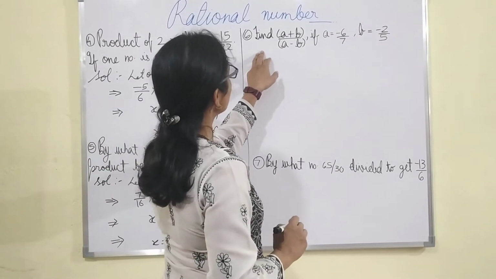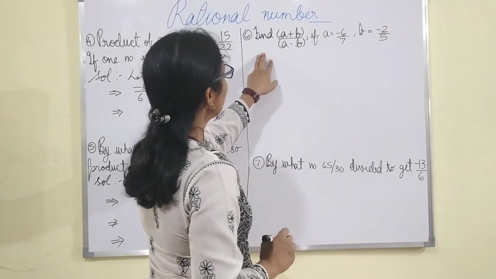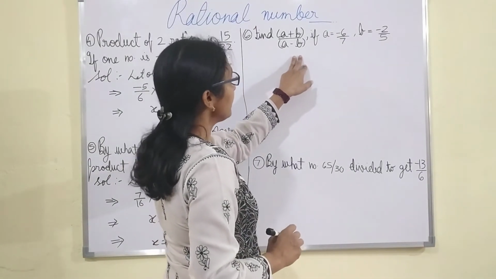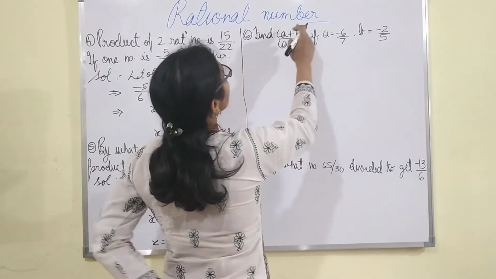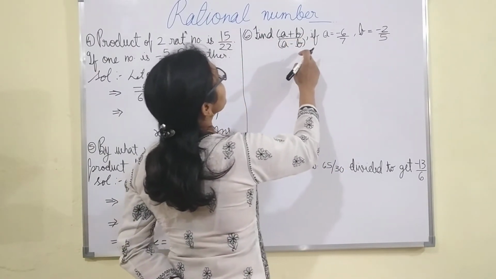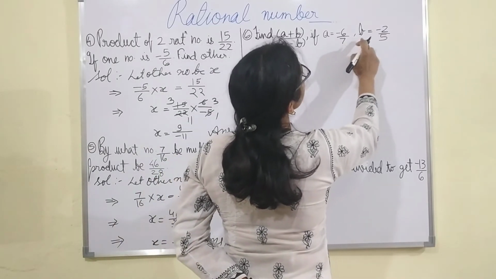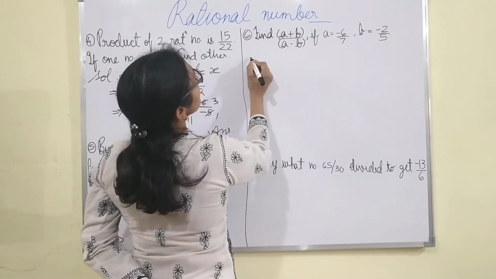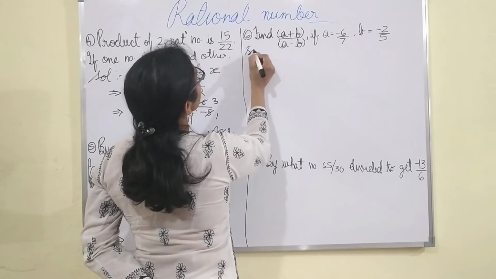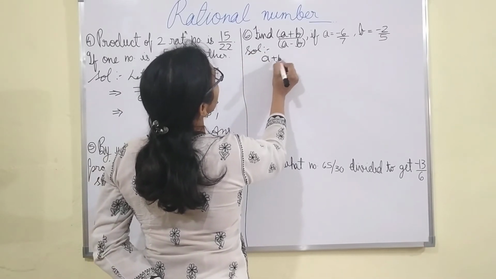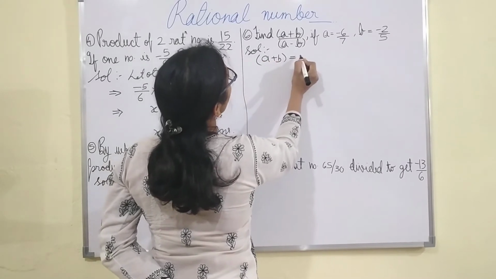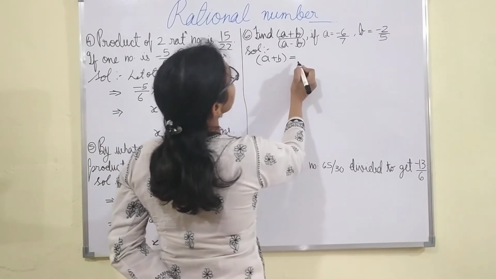Now the next question is: find a plus b divided by a minus b, if the value of a is this and the value of b is this. So first, our solution will start from a plus b. We will find out the value of a plus b.